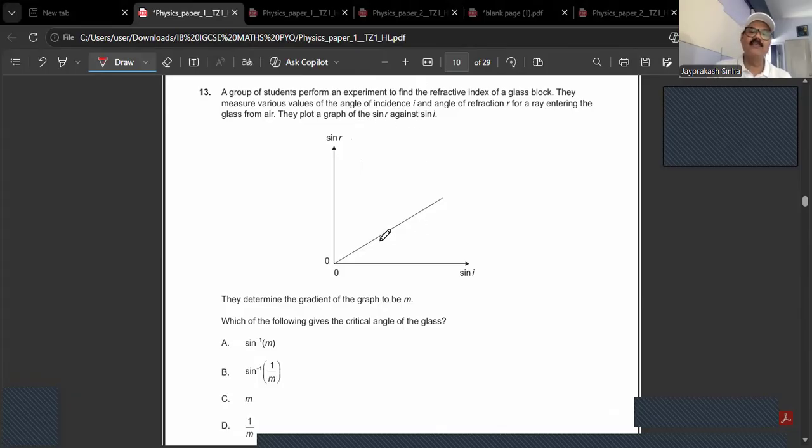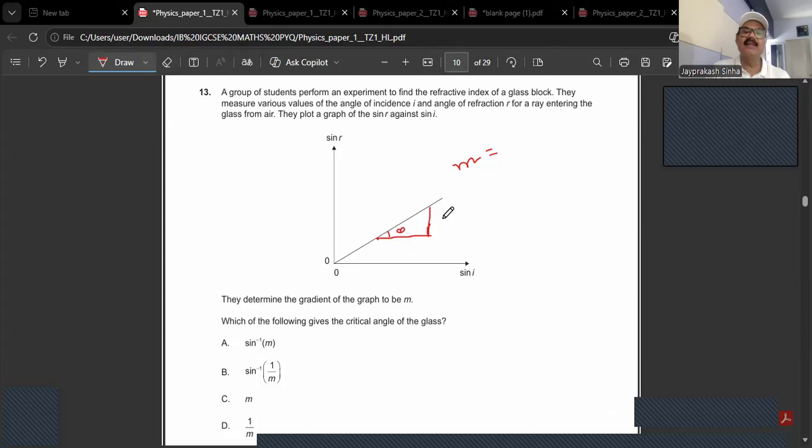So from this graph, if we want to find the slope of this line, then what will that be? If this is theta, then tan theta is equal to slope, means slope m is equal to tan theta. Tangent of that angle is called the slope, means m is equal to what?